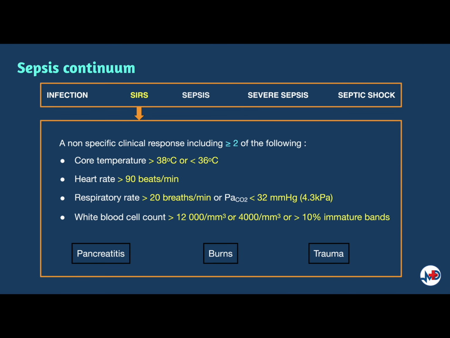Here is the continuum of an inflammatory response which begins with an infection. This triggers a systemic inflammatory response syndrome, which is also known as SIRS.